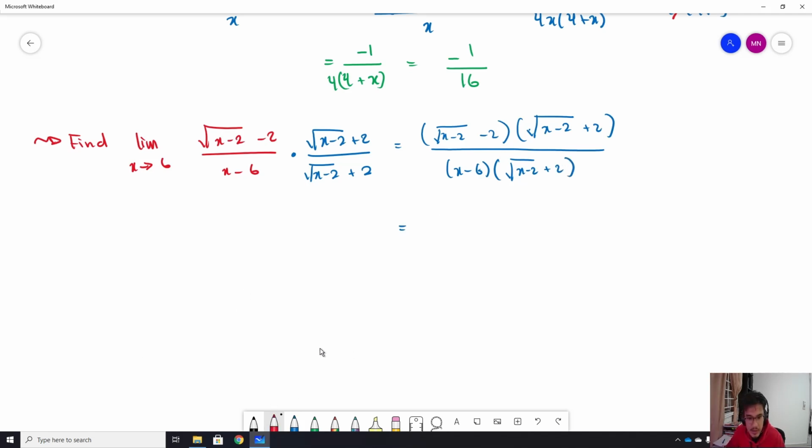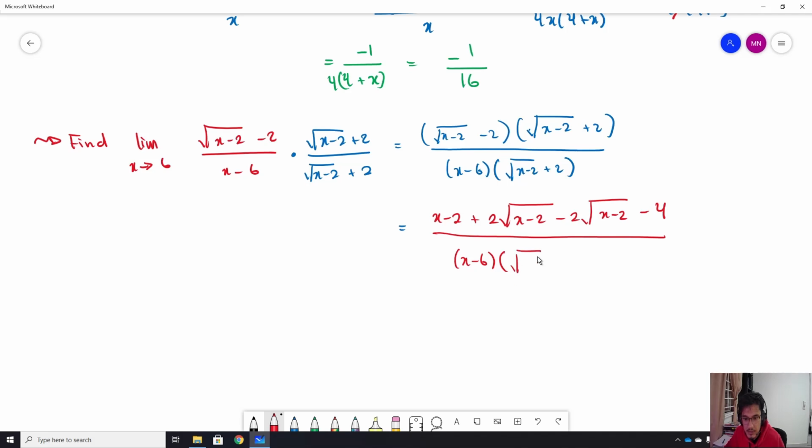So dari sini kita akan ada square root x minus 2 plus 2, square root x minus 2 minus 2, which is x minus 2 minus 4 over x minus 6 square root of x minus 2 plus 2. So this can be removed.